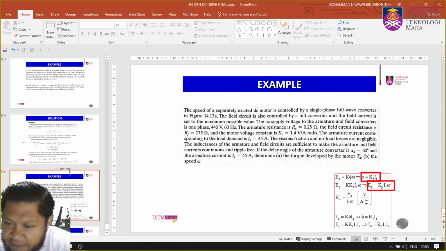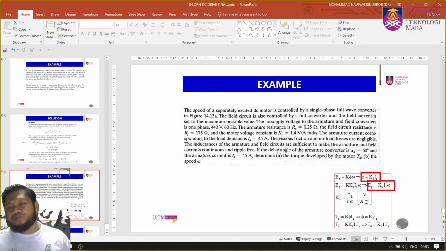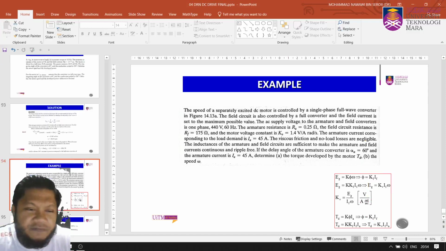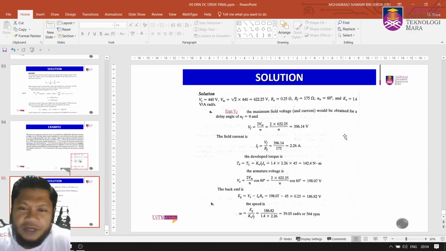And therefore kV here equals K multiplied by KF, equals E over field current multiplied by omega. So that's why it gives you the 1.4 volt per ampere radian per second, in that unit. And that's the same equation, right? And therefore the solution is, there you are.